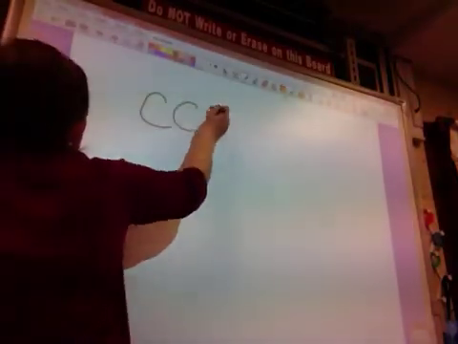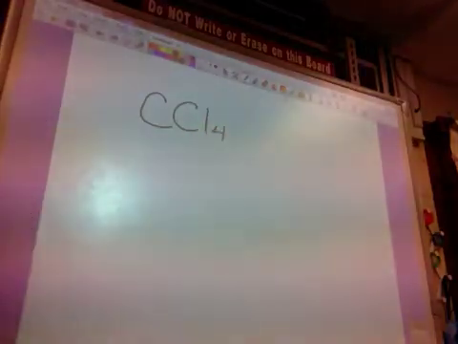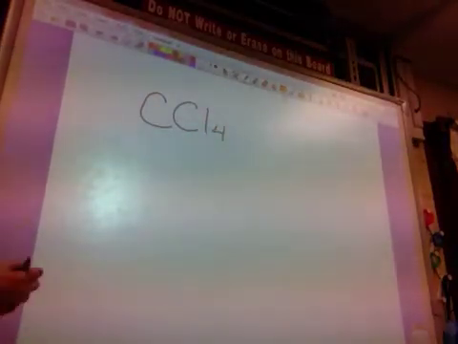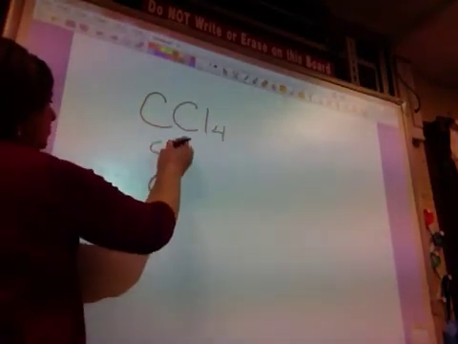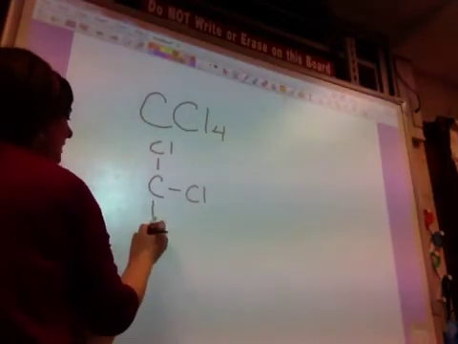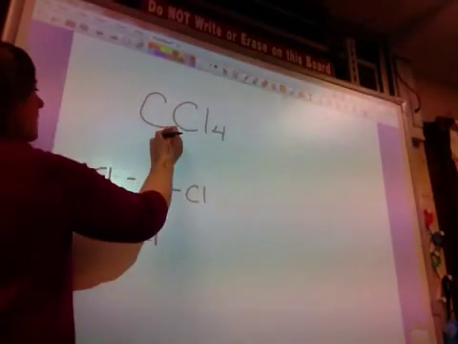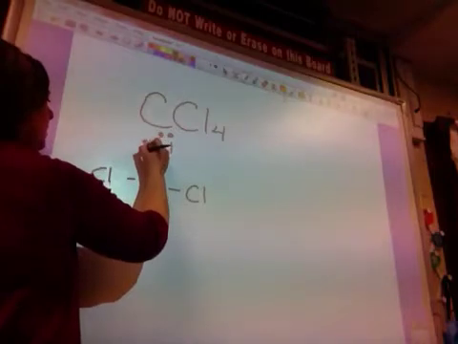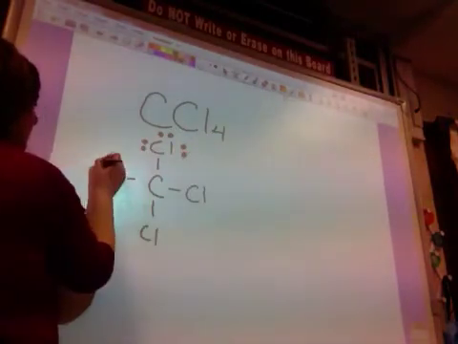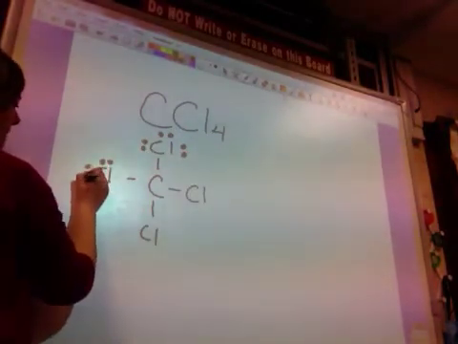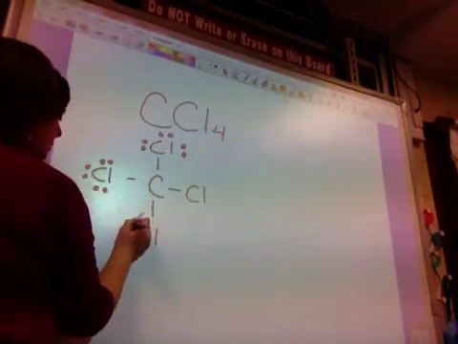Let's say we have CCl4. Now I have carbon tetrachloride. So again, carbon is the central atom because it's the least electronegative. I'm going to draw all of my lone pairs on chlorine.